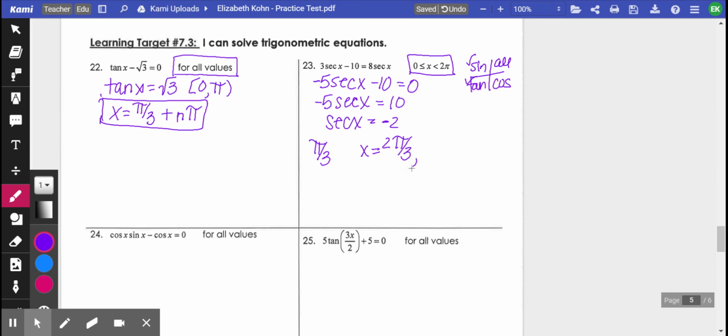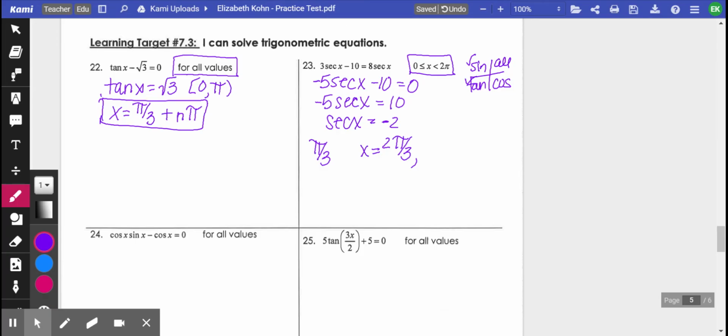And the pi over 3 value that is in quadrant 3 is going to be over pi, so it's going to be 4 pi over 3, okay?